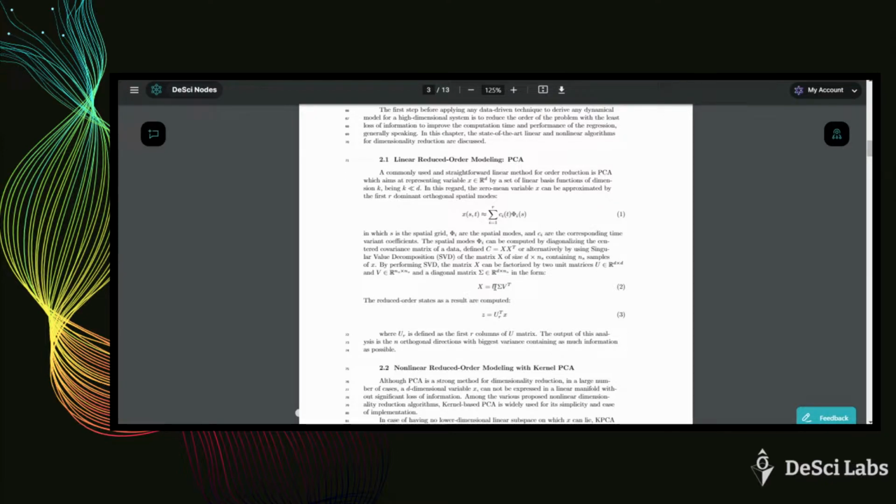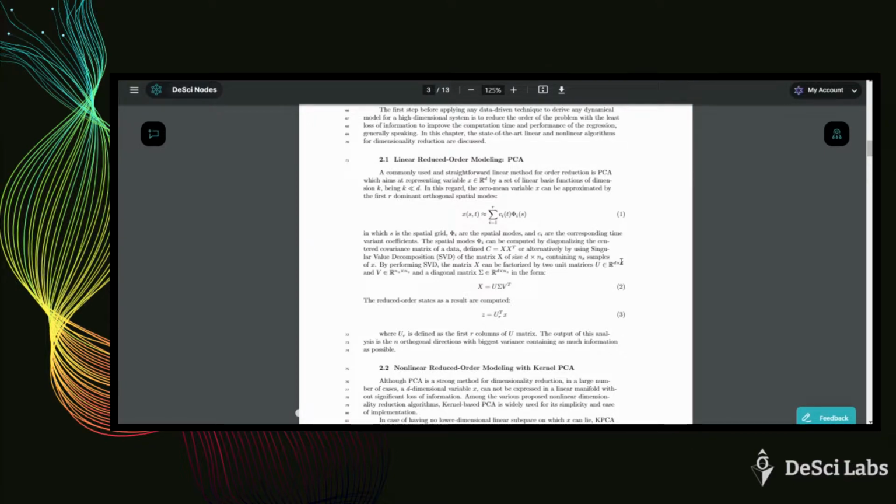This U matrix has dimension d times d. Let me introduce that the data X has the size of d times ns, where ns is the number of snapshots and d is the dimension of the system.